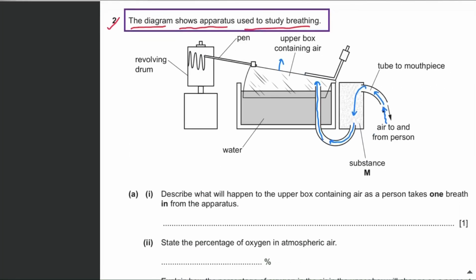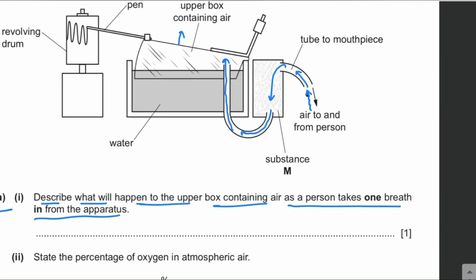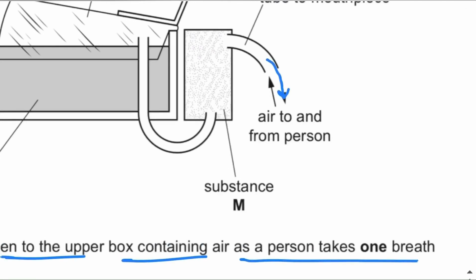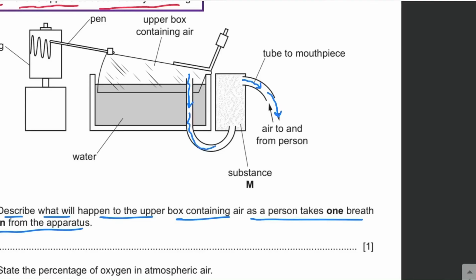Okay, let's discuss the questions. Part A1: describe what will happen to the upper box containing air as a person takes one breath in from the apparatus. So guys, if the person takes in one breath from the apparatus, this means that the air will be flowing out of this tube, and when the air flows out of this tube, obviously the air is coming from the upper box and going into this chamber, and then from this chamber into this tube.